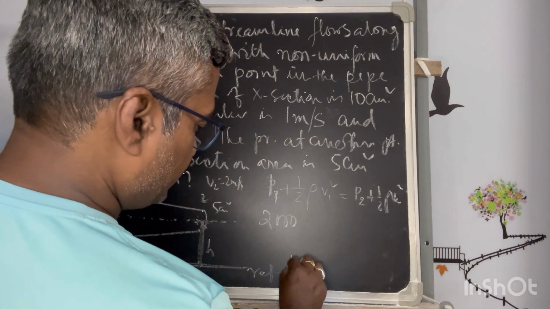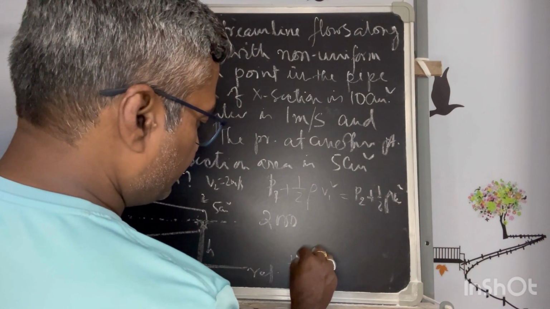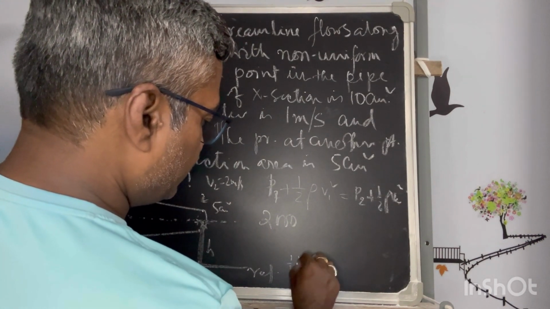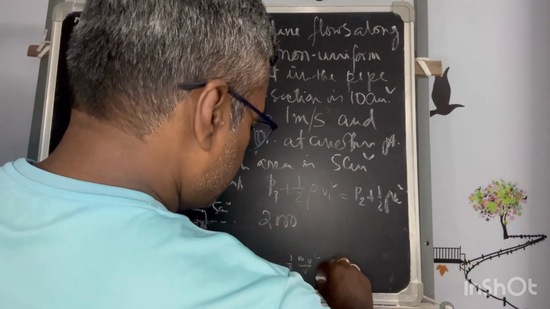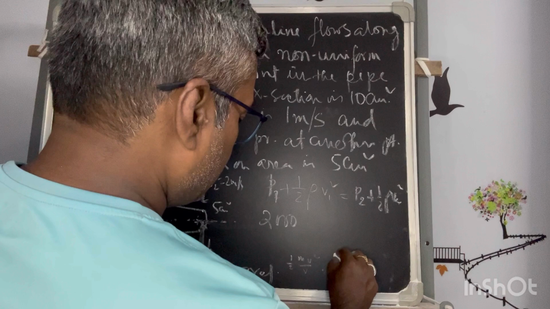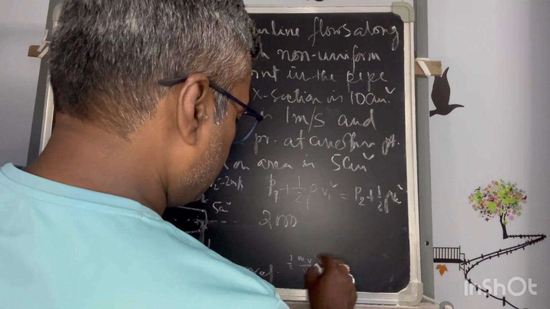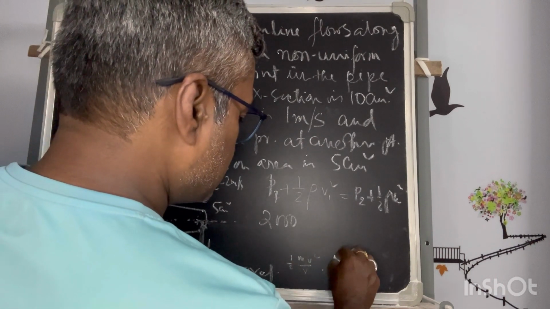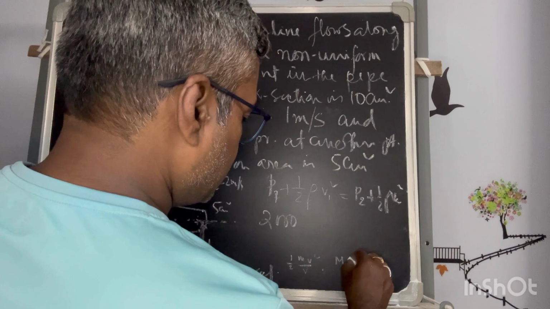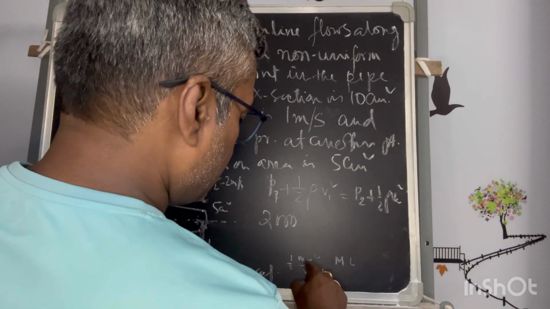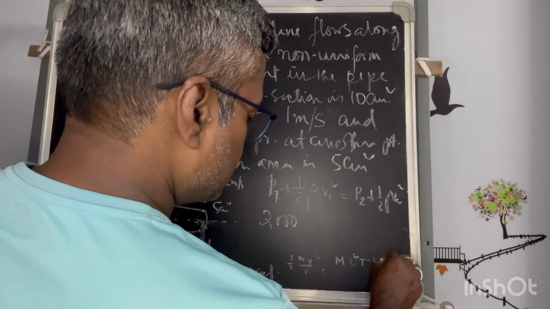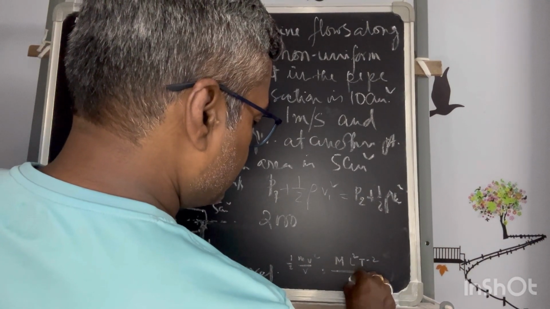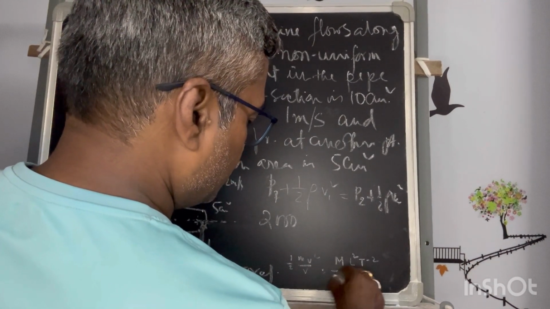So half rho v square, energy is m v square by what we are dividing by volume. Mass is M, velocity is L t to the power minus 1, so v square is L square t to the power minus 2, and volume is L cube.